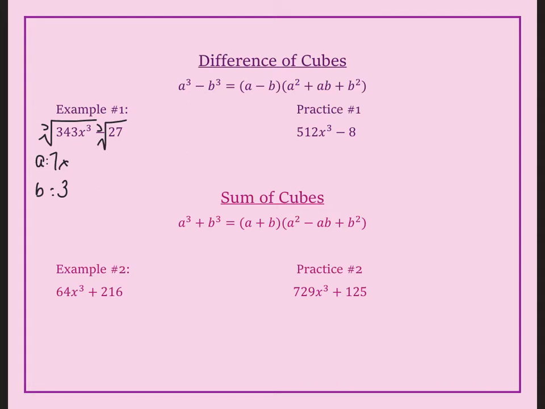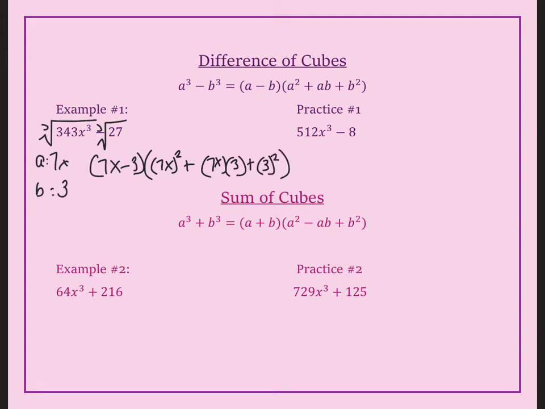Now I'm going to go ahead and plug those into the equation for the difference of cubes. We have 7x minus 3. And on the second one here, I'm always going to plug in parentheses because I have to make sure I square it if I have a number. So every time I plug in a number, I'm going to put parentheses. So I'm going to have (7x) squared plus 7x times 3 plus 3 squared.